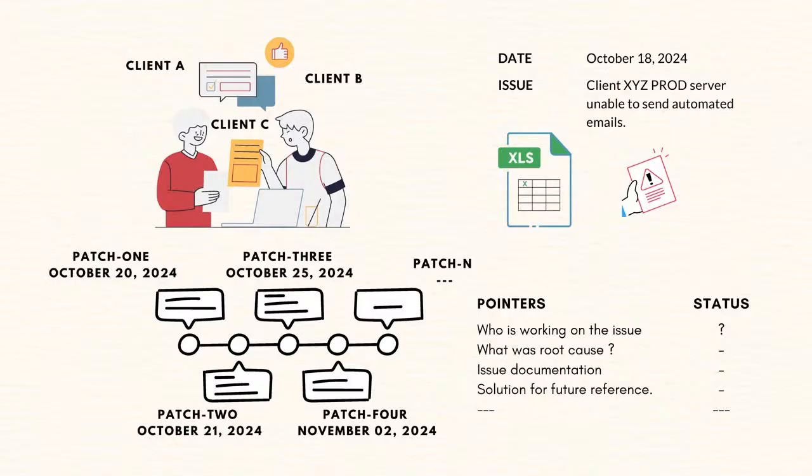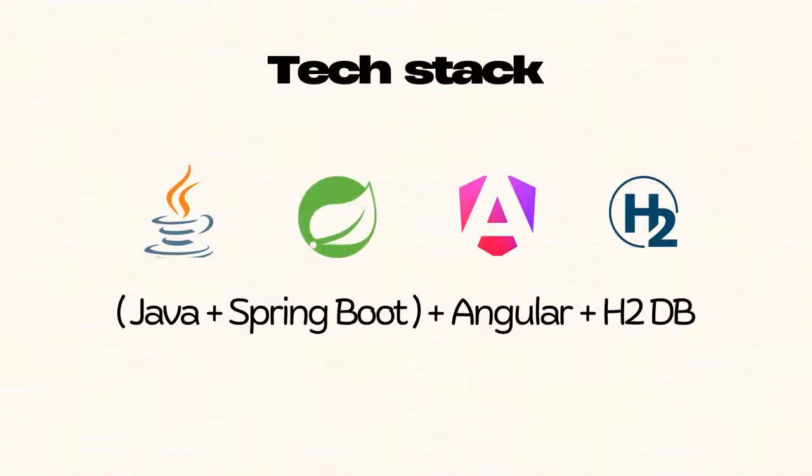More importantly, the project documentation and the solution for future reference are not maintained. It is very important that if this issue arises in client B and C also, the same solution can be applied there. If the product is the same, the solution can be applied. That's why I wanted to build this project.